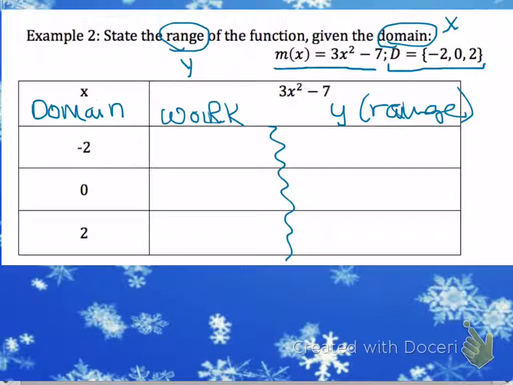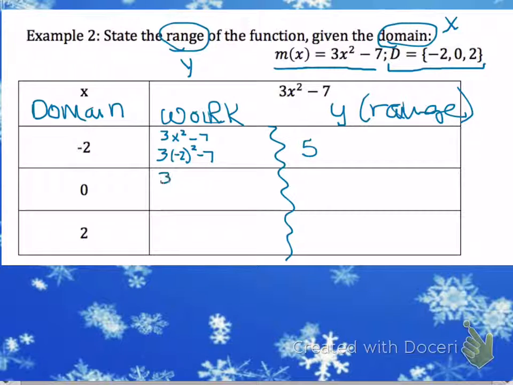So for the first domain value input, I have -2. I'm going to use m of x, which is 3x squared minus 7, to plug in that domain value. So I plug in -2 for x. I get 3 times 4 minus 7, and that's going to give me 12 minus 7, or 5 for that range value.